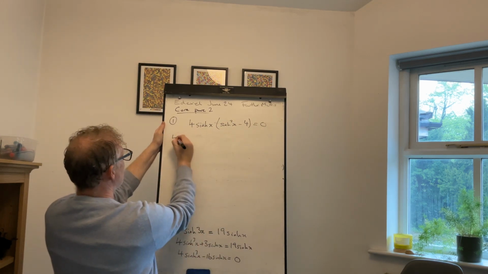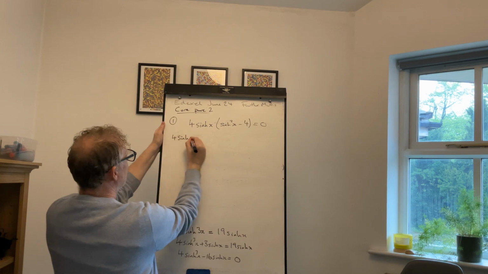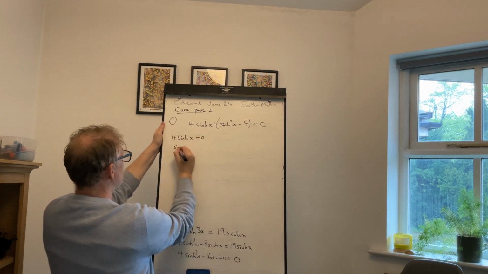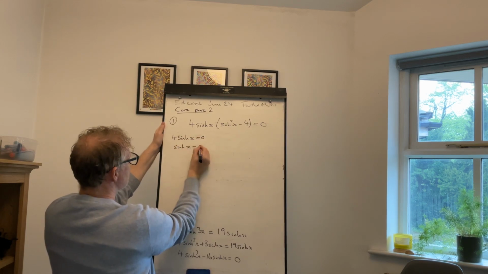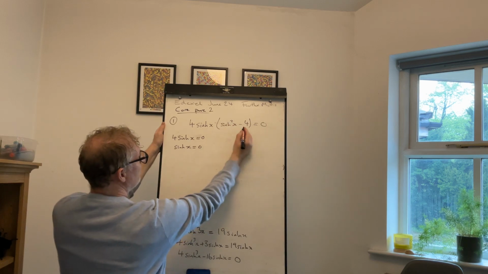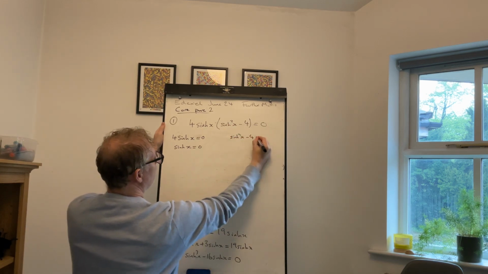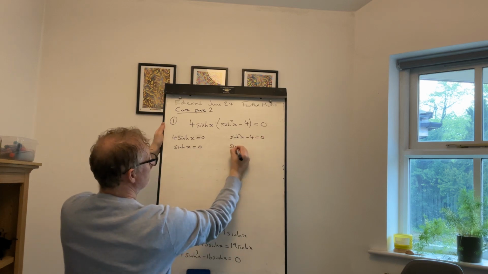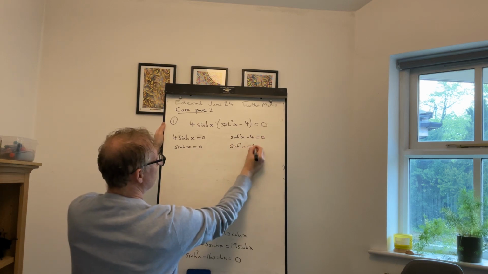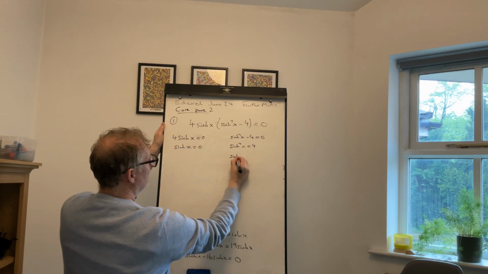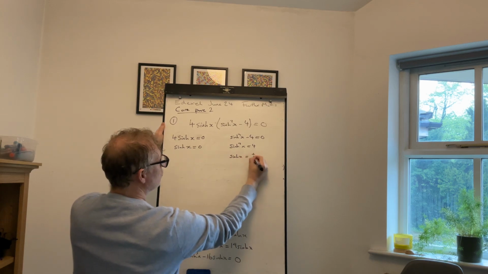So we're going to end up with 4 sine x equals 0, which obviously means that sine x equals 0. Or we're going to end up with sine squared x minus 4 equals 0, which leads to sine squared x equals 4, which means that sine x is plus or minus 2.